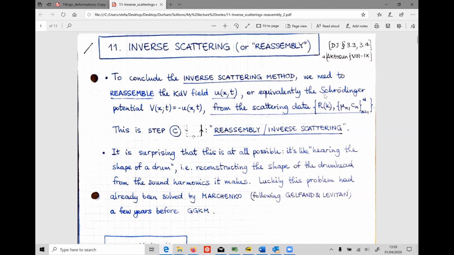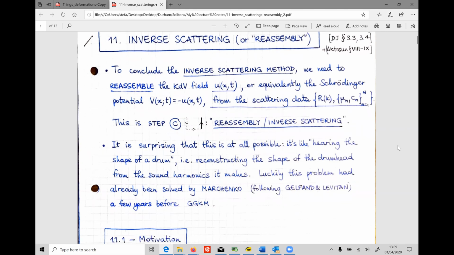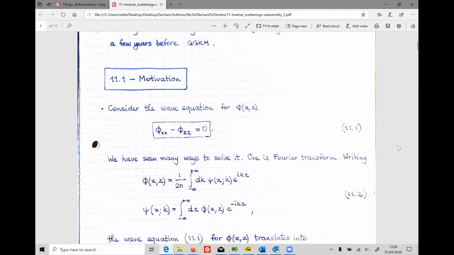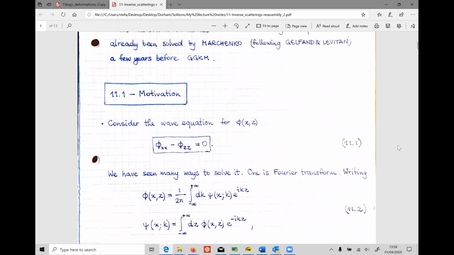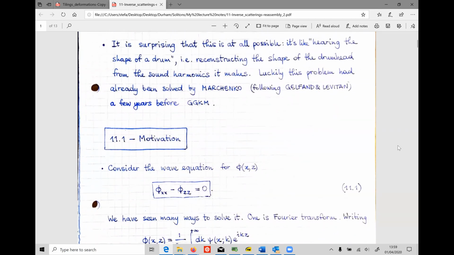Okay, so what I'm going to explain today is essentially an outline of the various steps in this inverse scattering method. But before we get there, let's first look at perhaps a simpler case, which we can take for motivation, which, as we'll see in a second, is relevant for a Schrödinger problem with zero potential.